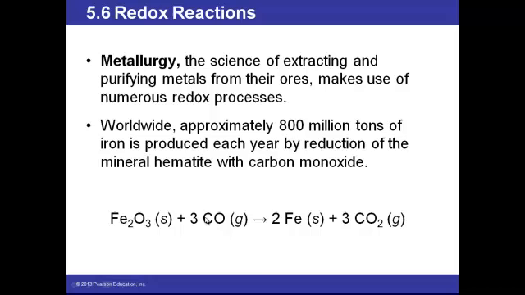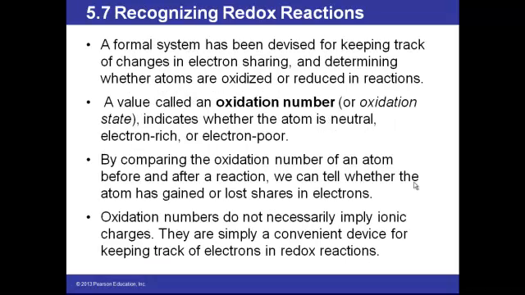And so we did that by assigning an oxidation number to the carbon based on its bonding with the oxygen atoms in either carbon monoxide on the left side of the equation or carbon dioxide on the right side of the equation. So if we compare the oxidation numbers across the equation for each atom before and after the reaction, we can tell if the atom has either gained or lost shares in the electron capacity.